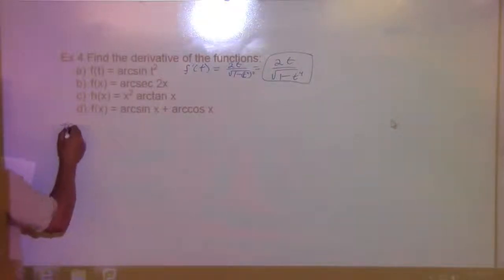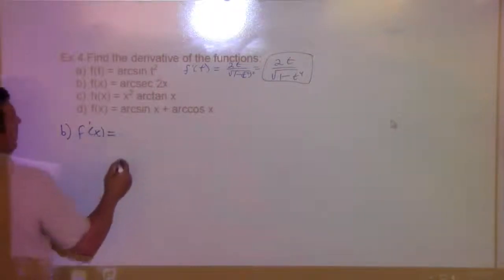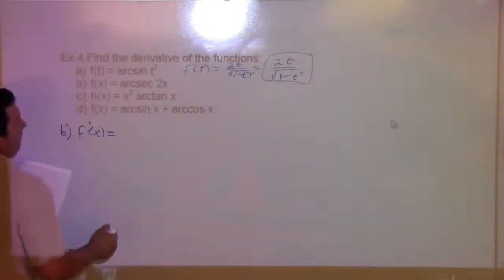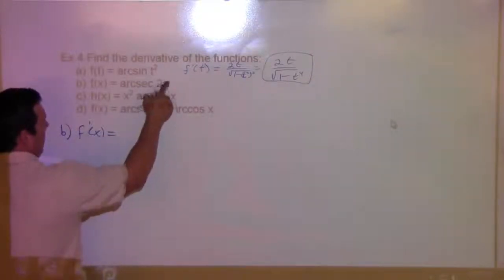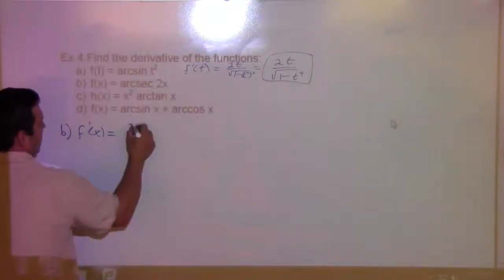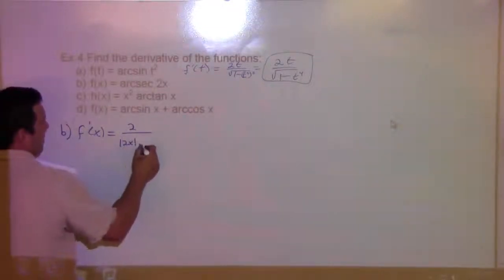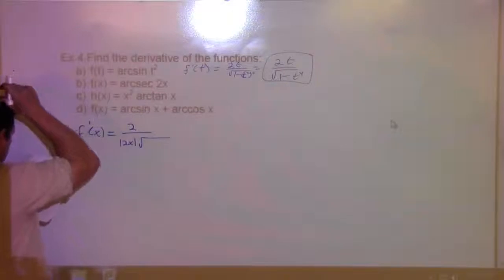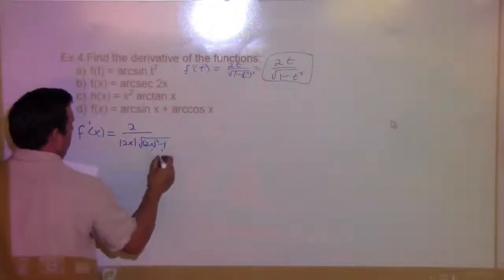For b, f prime of x is going to be what? It's arc secant. So that's going to be the derivative of the stuff inside. That's just going to be 2 on top over the absolute value of 2x times the square root of 2x squared minus 1.